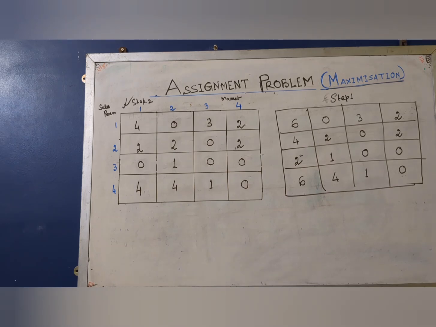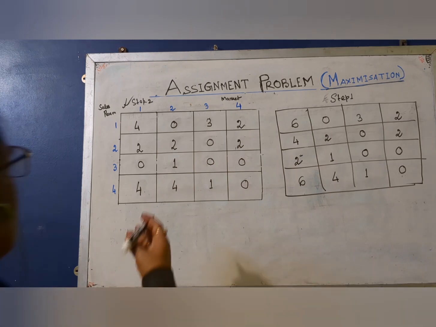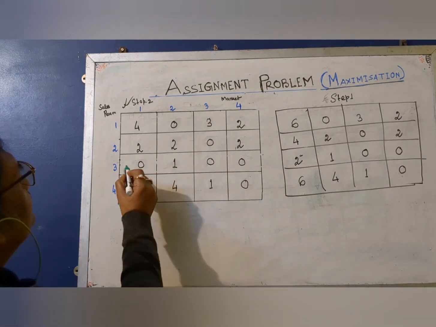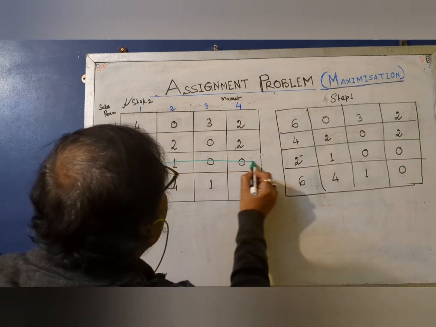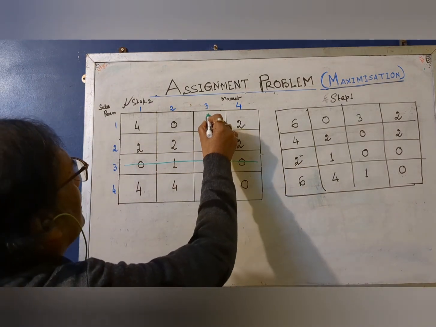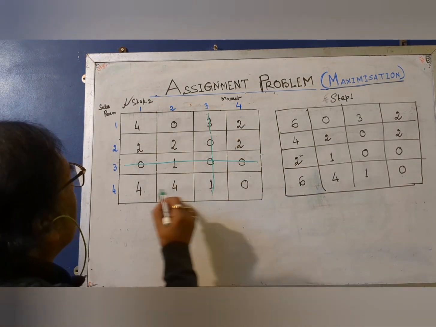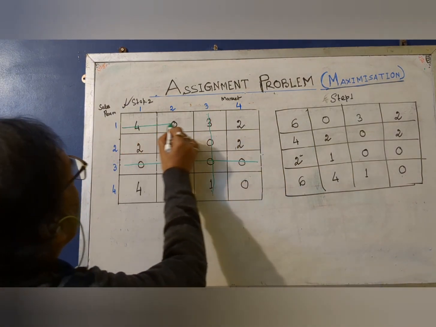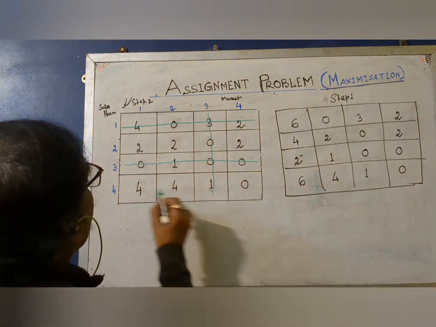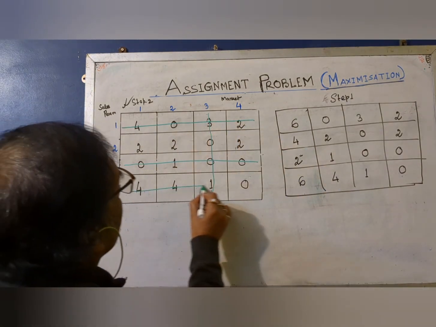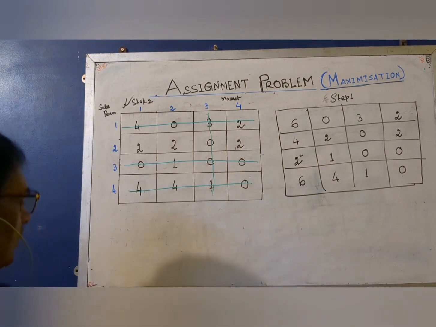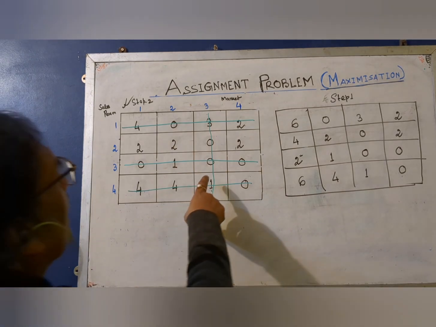I am drawing the horizontal lines; it is better to use a different color. This is a horizontal line. This is another horizontal line, and this is one more, and this is also another horizontal line to touch all the zeros. How many lines are required?